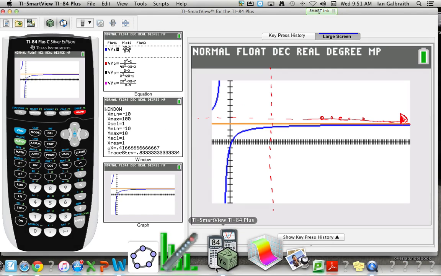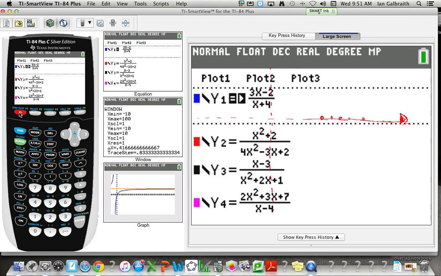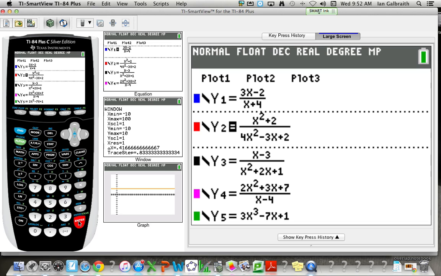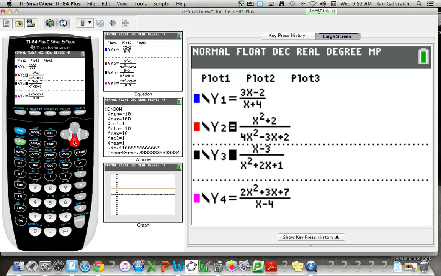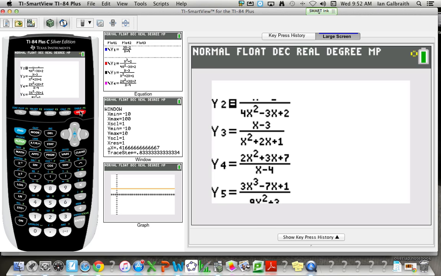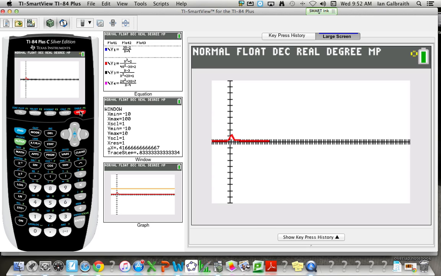We can go back to the calculator, and I've worked my way ahead here, and I'm going to turn off that graph, and I'm going to clean up this. I will turn on this graph, and I will also go down to my orange asymptote graph, and instead of putting 3 in there, I'm going to put a 1/4. And if we go to the graph, it looks like I'm going to have to change my window.